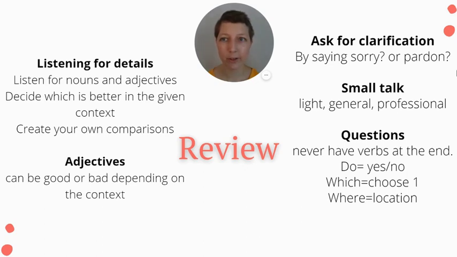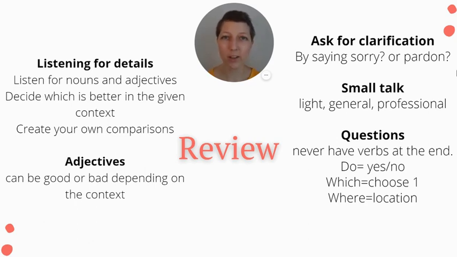Let's do a quick review. First, ask for clarification by saying sorry or pardon. Small talk should be light, general, and professional. Questions never have verbs at the end. A do question usually is requesting a yes or no answer. Which is requesting a choose one or the other answer.